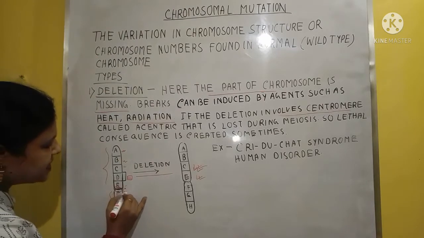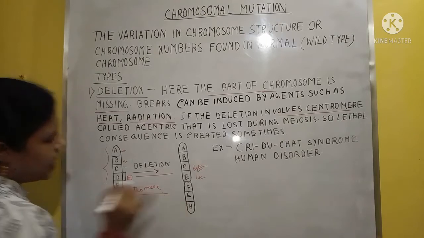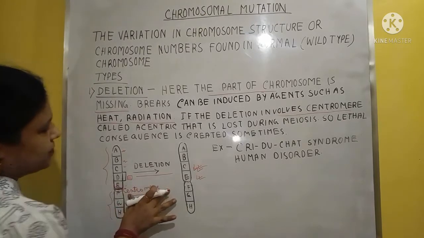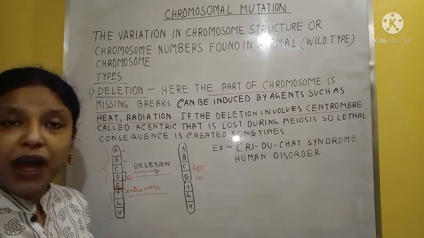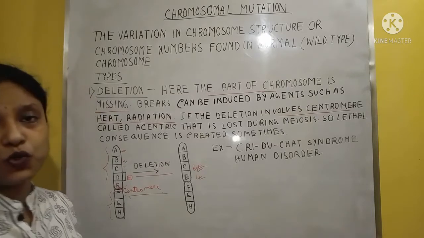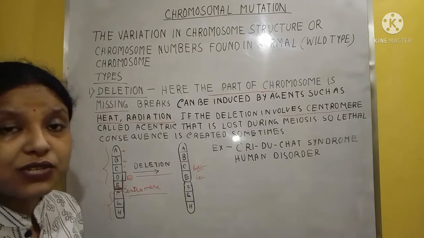If the centromere part is deleted with the chromosomal part, then what happens? The chromosome is called the acentric chromosome.